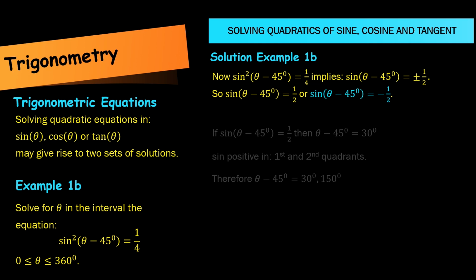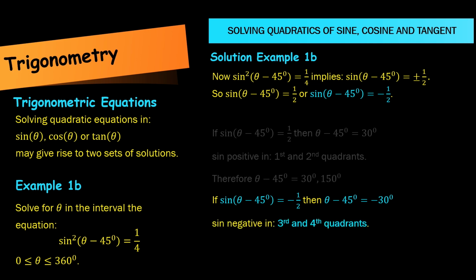Now let's find the other solutions. If sine of theta minus 45 degrees equals minus a half, then theta minus 45 degrees equals minus 30 degrees. And sine, remember, is negative in the third and fourth quadrants. We can see this from the cast diagram.